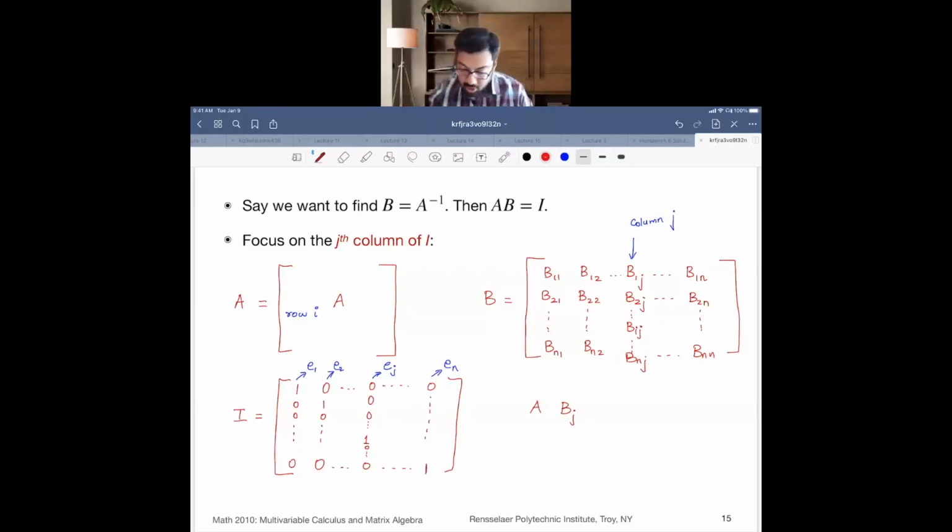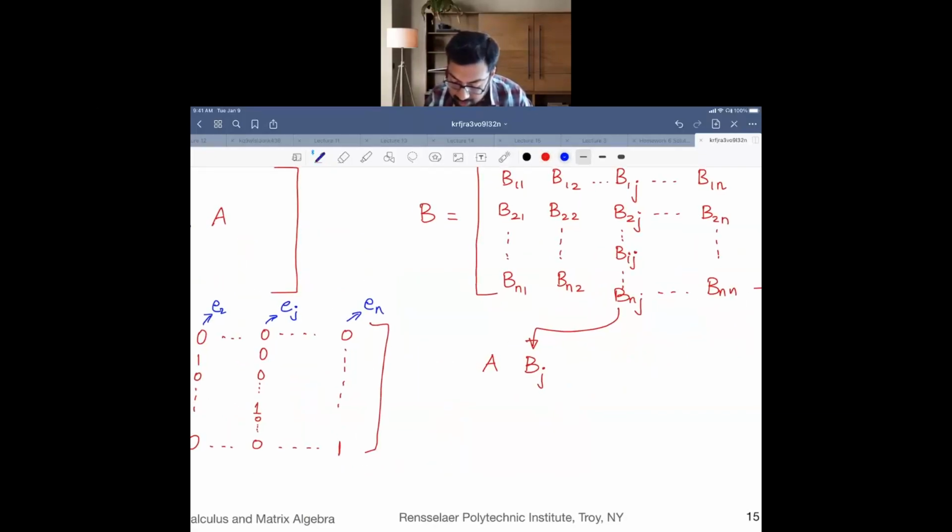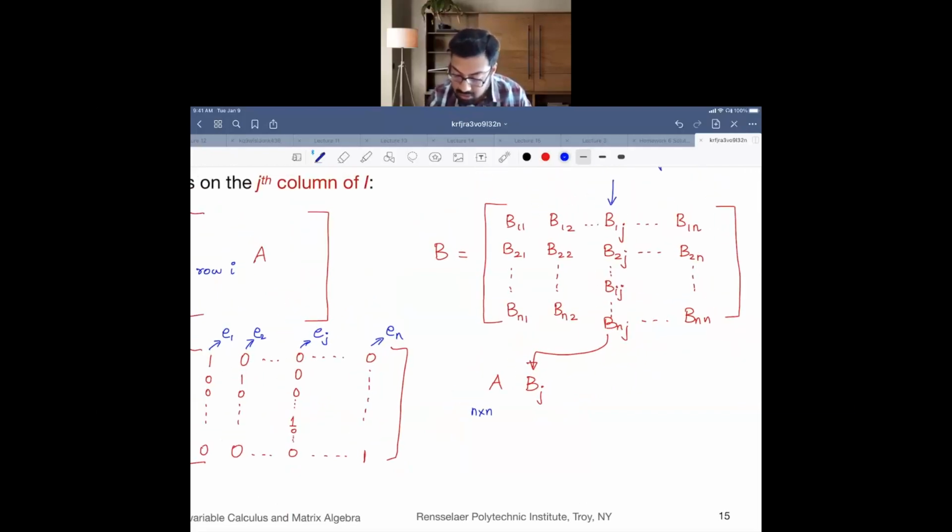Bj is the jth column. So this is the jth column. A is the entire matrix. And it is going to be okay because you see A is size n by n and Bj is going to be a column vector. Number of rows are n, but the number of columns are 1, right? So the inner dimensions match.